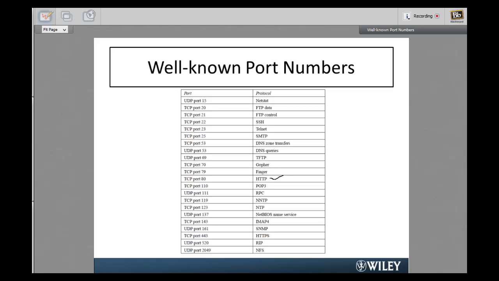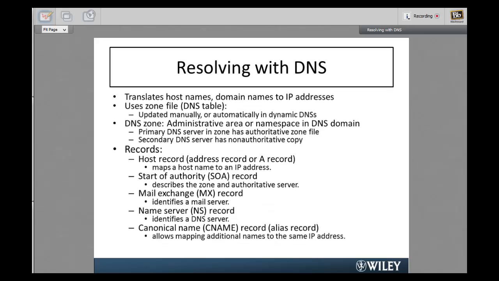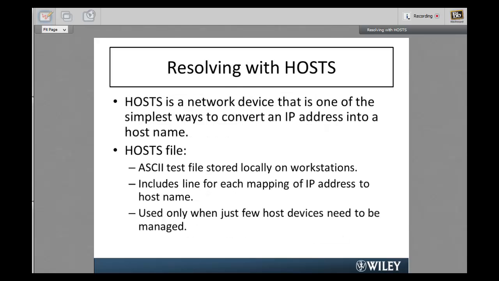There is also some information about the DNS, which is the domain name system. I will leave it to you to study. The rest of the chapter is only talking about resolving hosts and the naming of hosts. There are host files.